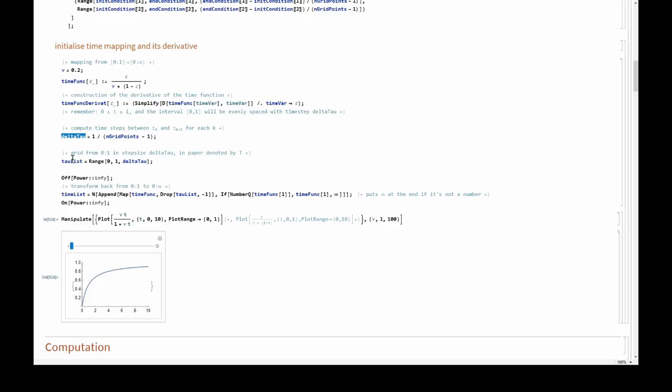So this section specifies everything time related, and here you have the mapping back from 0 to 1 to 0 to infinity. This one is just to monitor the warning messages. So long story short, here we come up with the mapping from 0 to 1 to 0 to infinity.